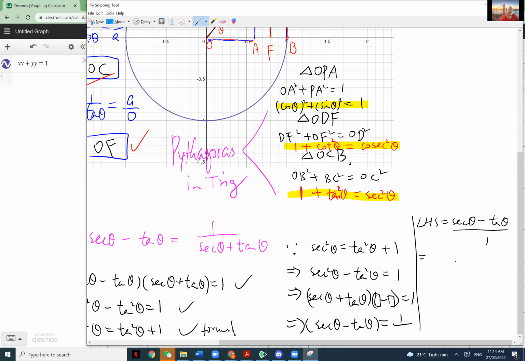Numerator, denominator, we can times the same thing. We can times both by secant plus tan.